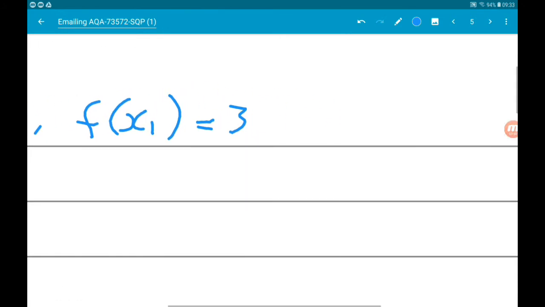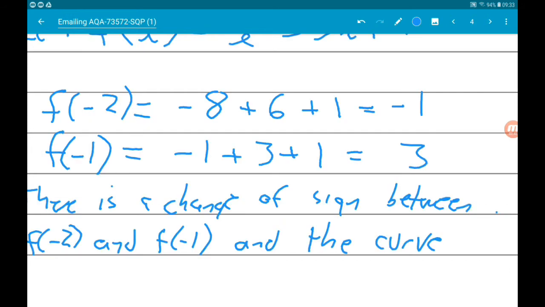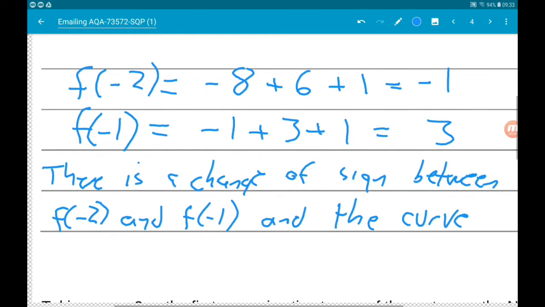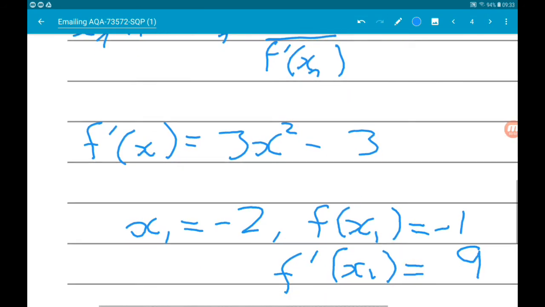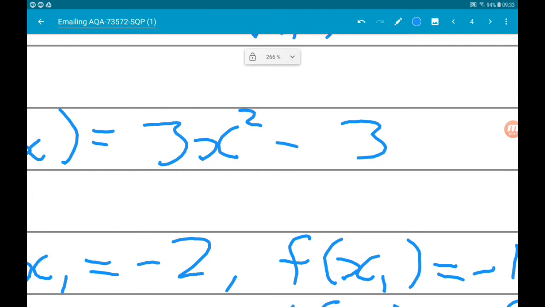And then what would f dashed of x1 be? So if we substitute x equals minus 1 into our derivative, minus 1 squared is 1, times 3 is 3, minus 3 is 0.